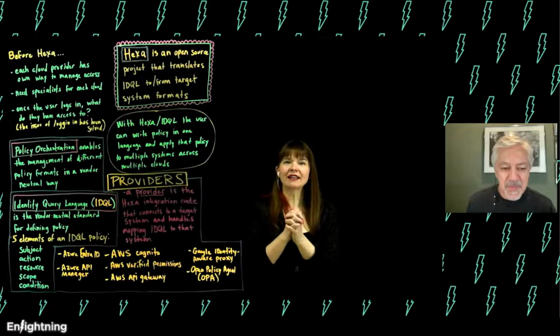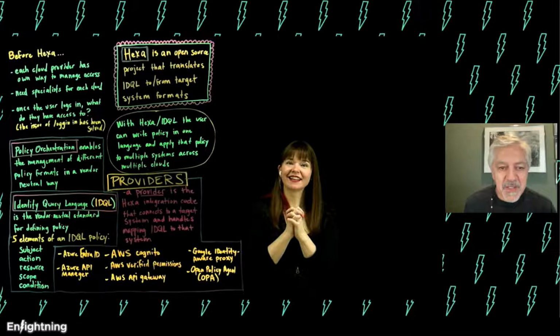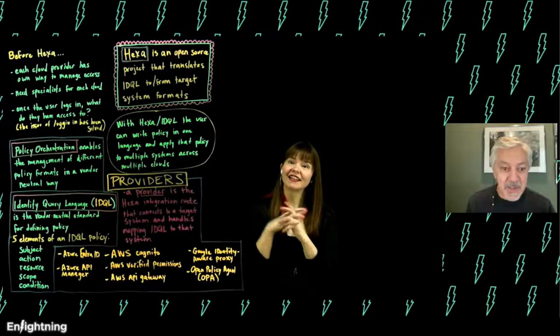What would you like to talk about next? I think it's interesting to talk a little bit about the providers and some of the learnings we've had based on the work we've done with these different systems. The first thing is, is there an API publicly available that has the functionality to manage the policy or manage configuration?